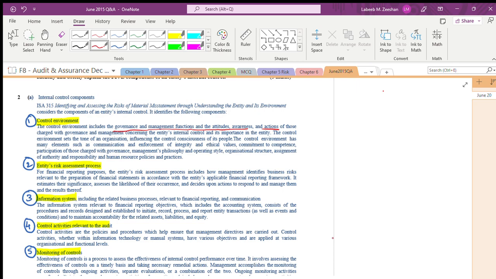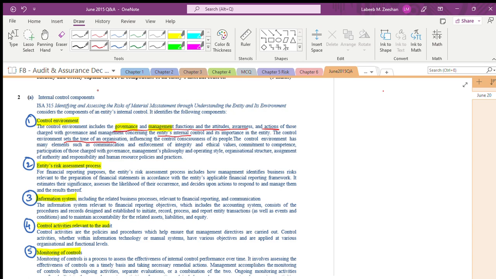The control environment sets the tone of the organization. If the people charged with governance and the management are strong, automatically the people working at the middle or lower level will also be on alert. It influences control consciousness.